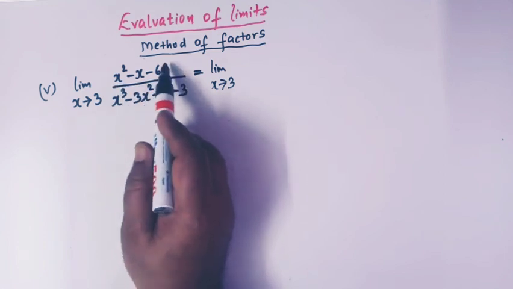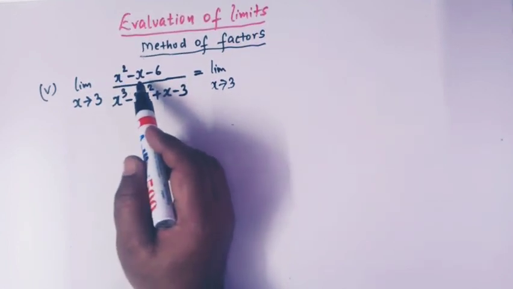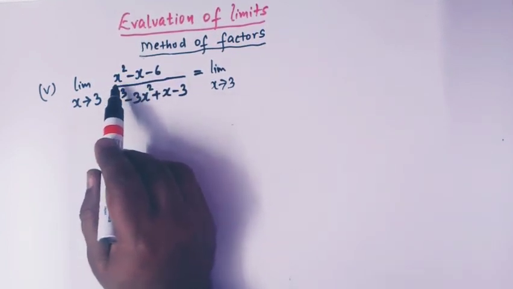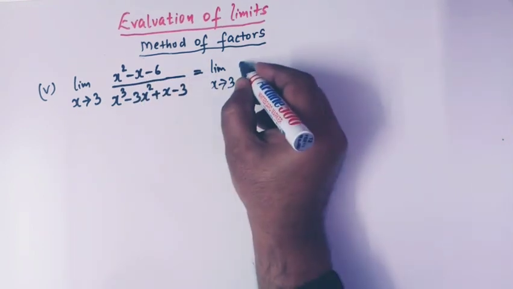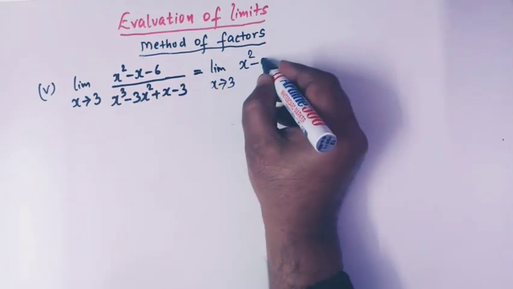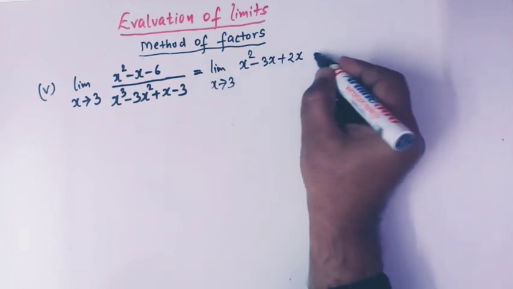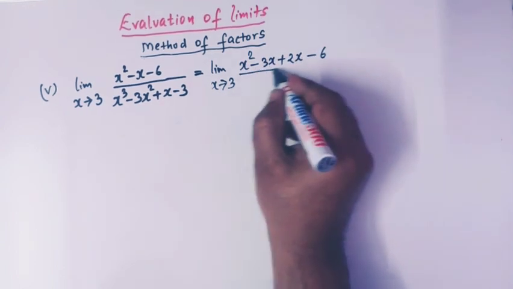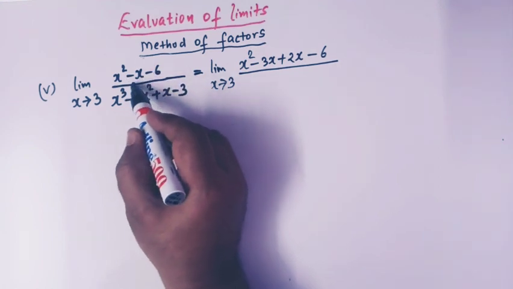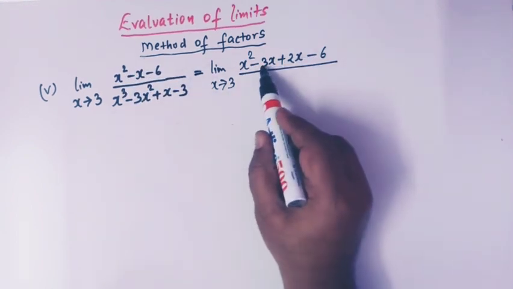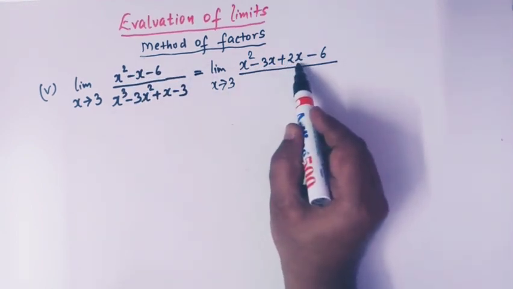The numerator, which is a quadratic term, can be factorized by splitting the middle term. So we can write x square minus 3x plus 2x minus 6, right? So this term, that is minus x, can be written as minus 3x plus 2x.